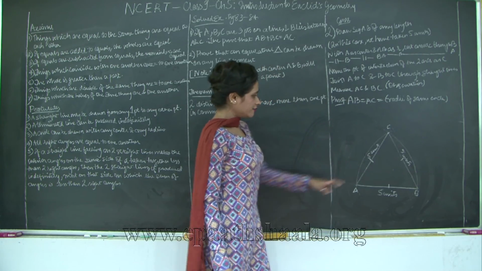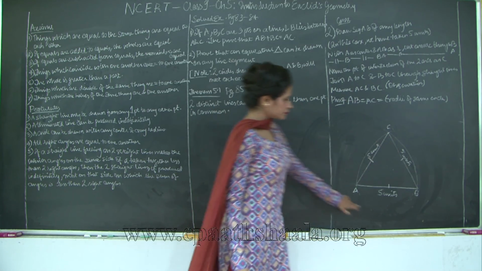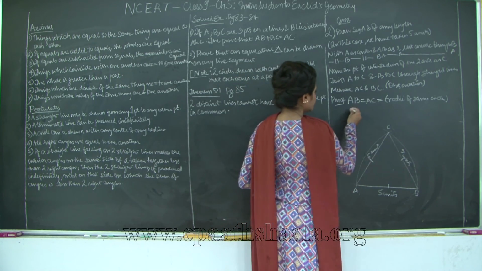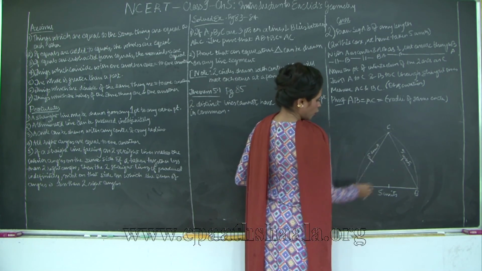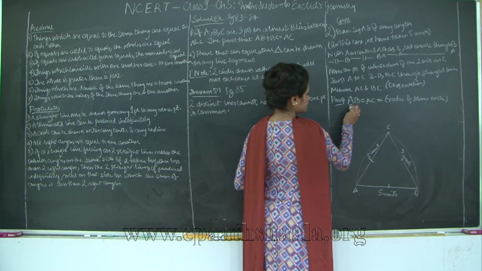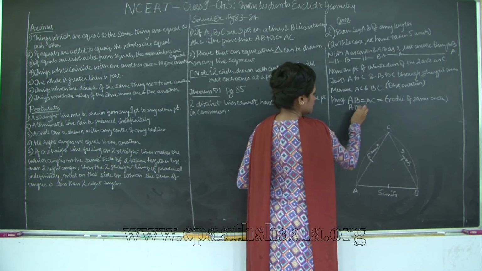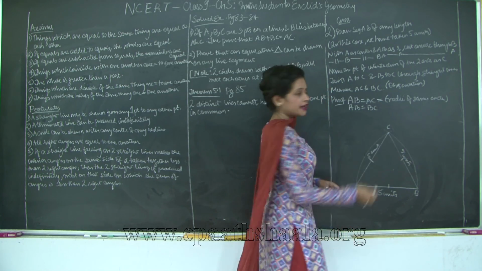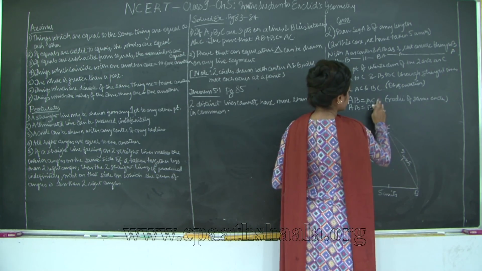Similarly, what do I have for this circle now? We have BC and BA as the radii. So of AB and BC, AB is equal to BC. Why? Because again they are the radii of the same circle.